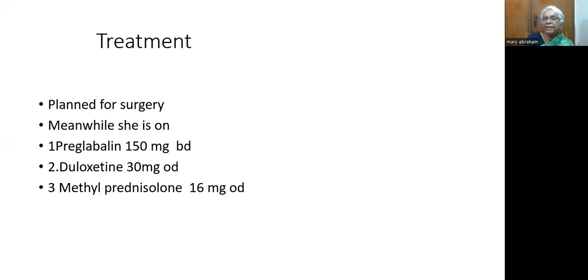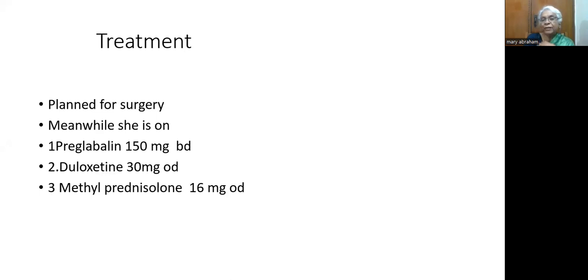Pregabalin, she's already getting a good, high dose, and I don't think her body weight is too much. I think this 150 mg twice daily is quite a decent dose of pregabalin. Maybe you could increase the duloxetine, but I think this is good enough.